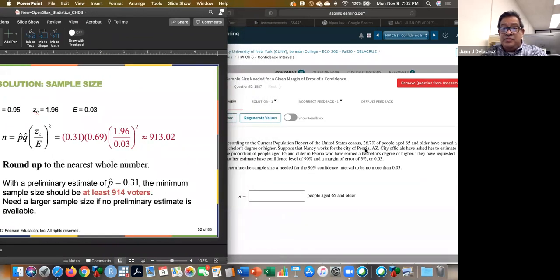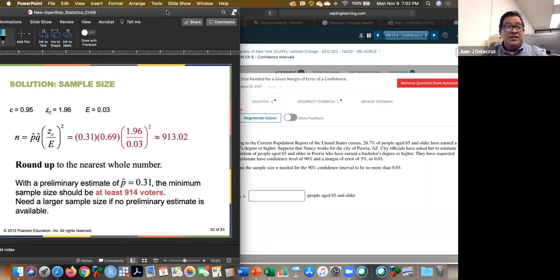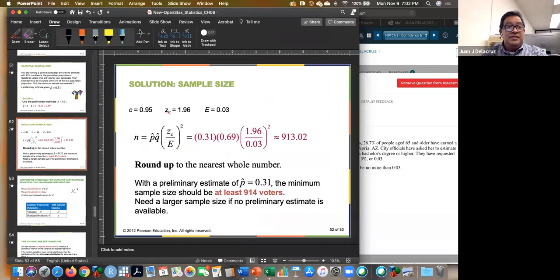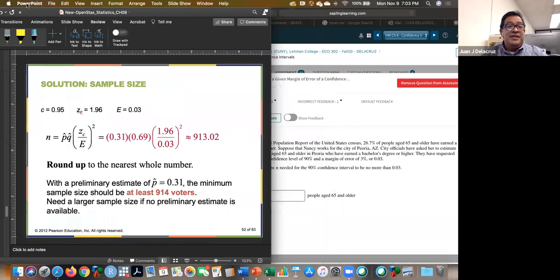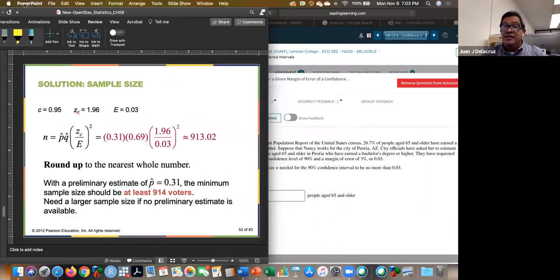So here we have the P, this is P, right? Hold on. It's very hard to do this with a very small screen. I have a bigger screen.